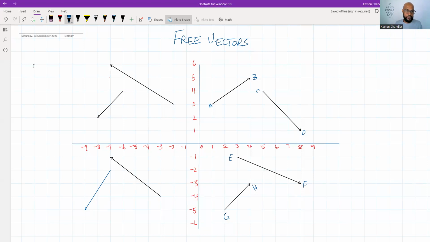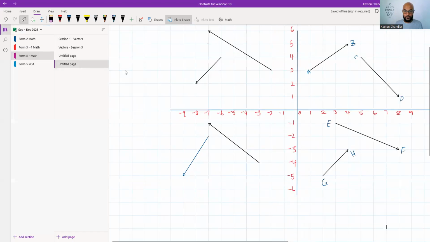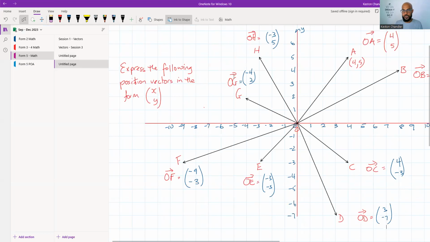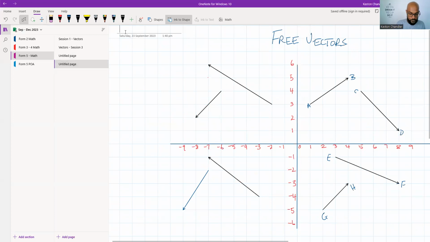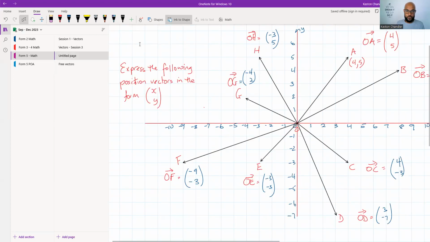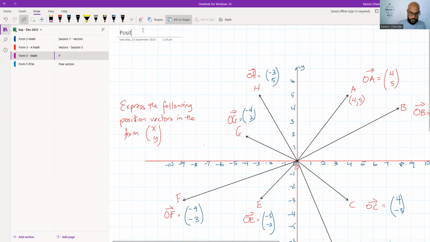The position vectors, because they all start in the middle, you notice that they always start with O: OA, OB, OC, OD, and the column matrix of the vector is always equal to the endpoint. That's how you identify those. This one I'll call free vectors. This one we call position vectors.